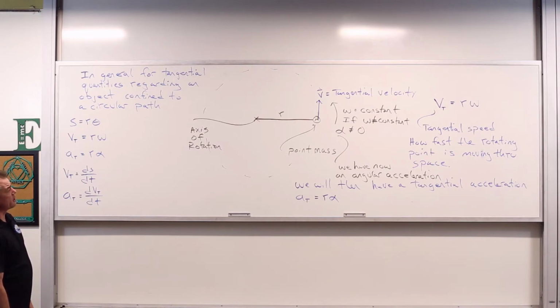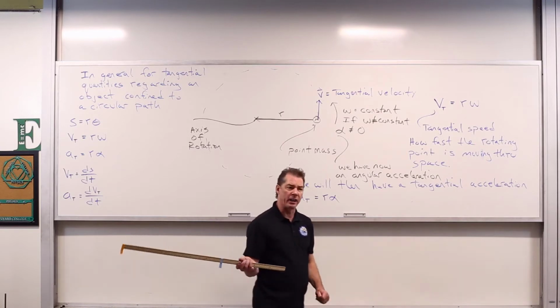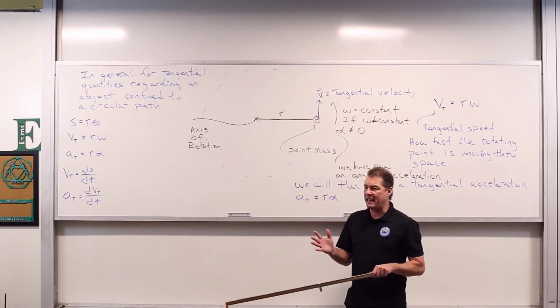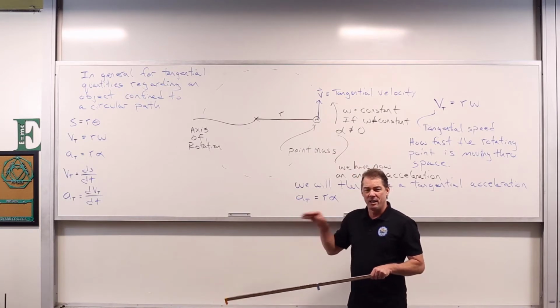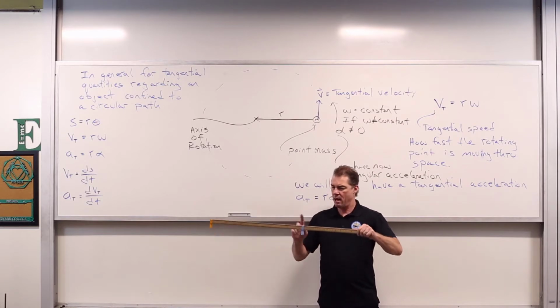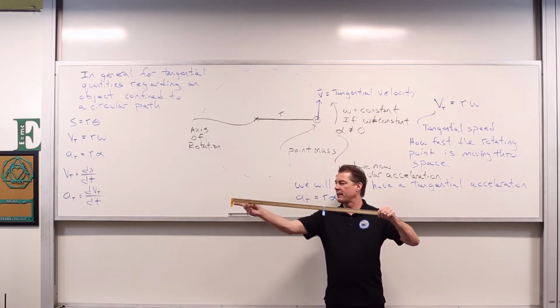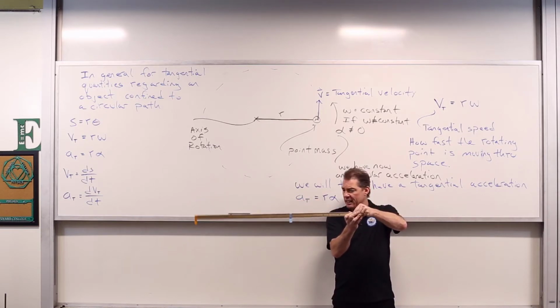So what can we do with this? Well, again, now we can discuss different points on an object that are rotating, a rigid object, and discuss their tangential quantities. So take this little for instance here. I've got a nice little ruler here, and I've got a blue piece of tape, I've got an orange piece of tape. I'm going to say that this is the axis of rotation down here on this end, kind of hinged there.